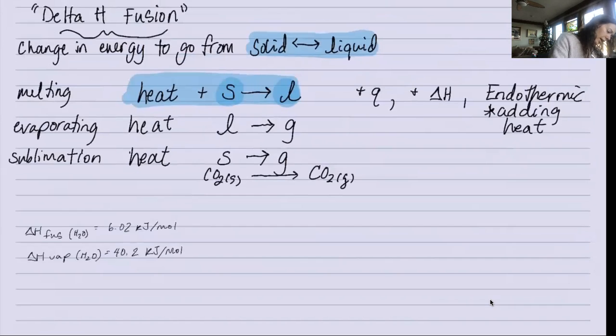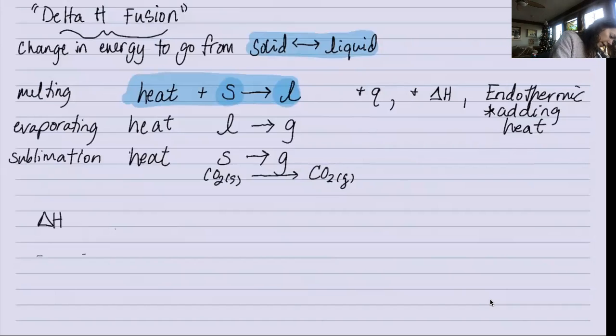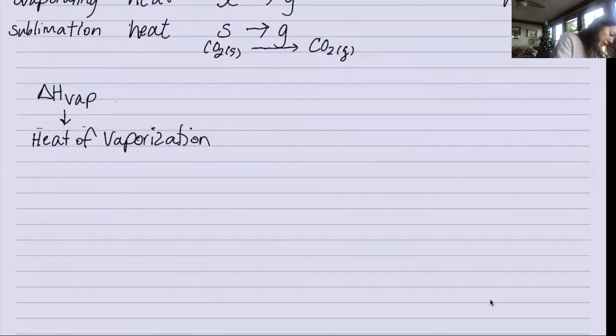We've also got the delta H VAP. So let me write that down. Delta H VAP stands for the heat of vaporization. They'll also call it delta H vaporization, or delta H VAP.